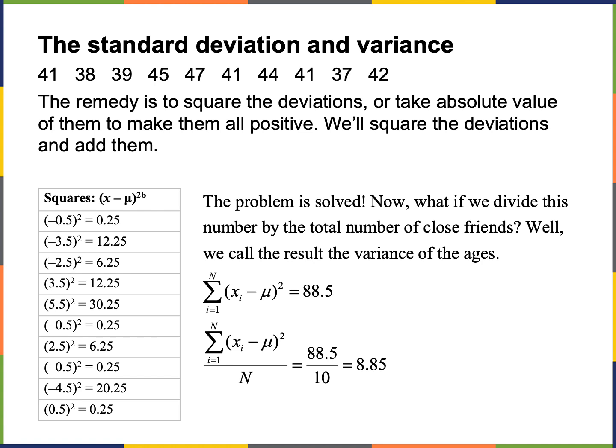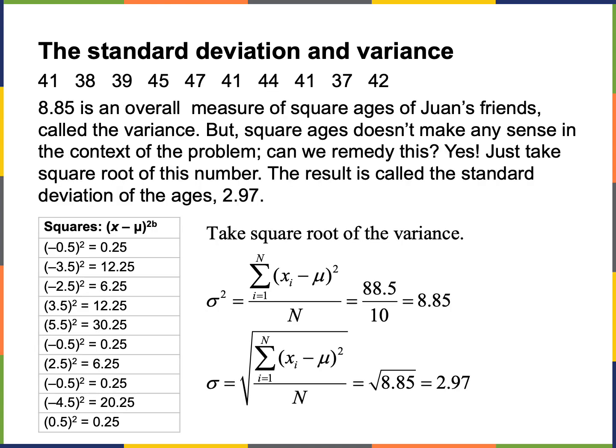This is called the variance. We call this number the variance. So we've basically created the variance of the ages. It's an overall measure.